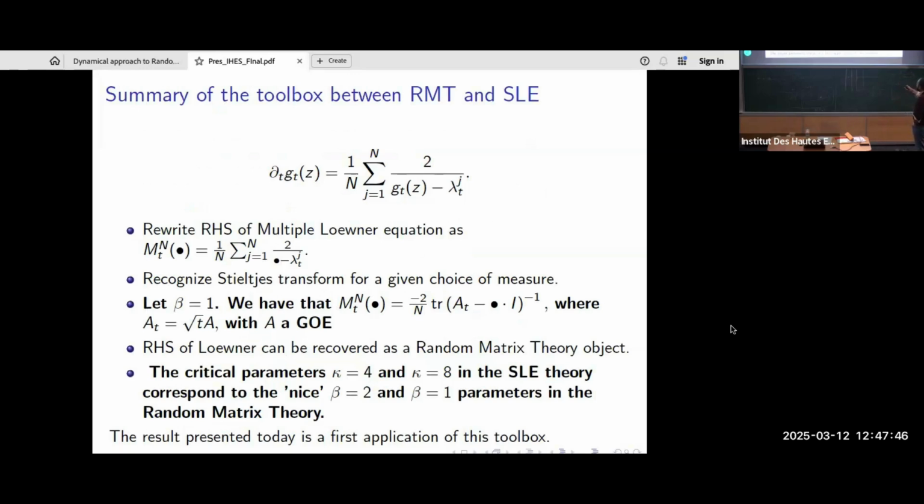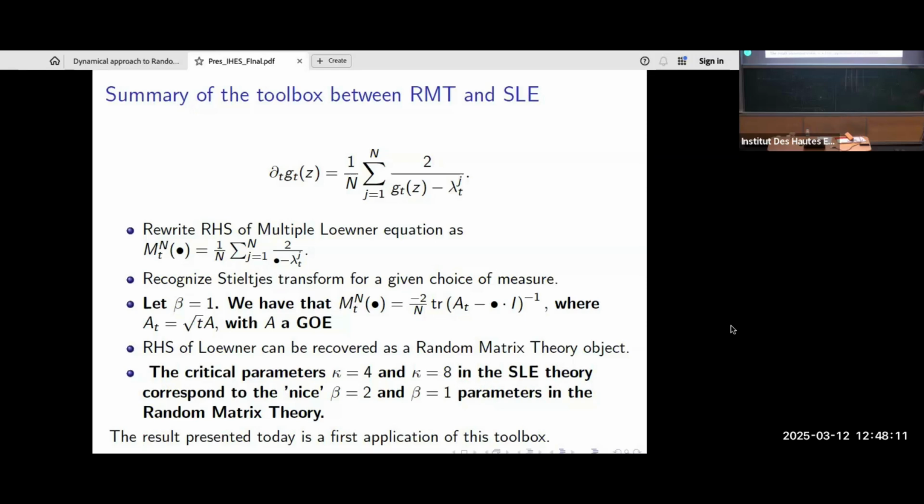You start with the multiple Loewner differential equation. That is a generalization of the first one. And really the Brownian motion is the Dyson Brownian motion here. And you look at this right-hand side and you write it as this type of object, in which I put here the dot as the putting this variable. You recognize that this is a Stieltjes transform for a given choice of measure.